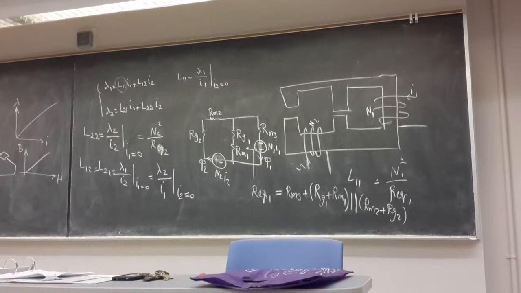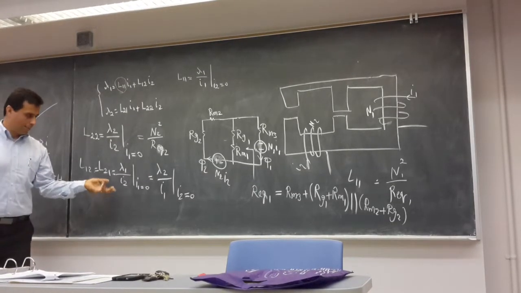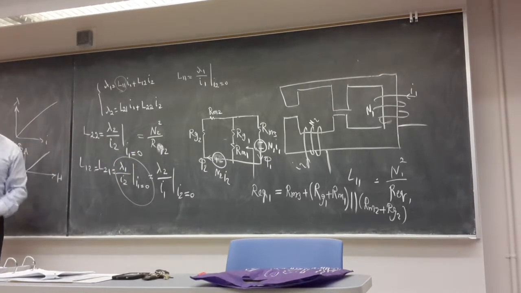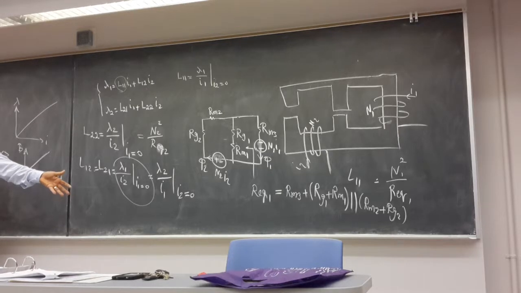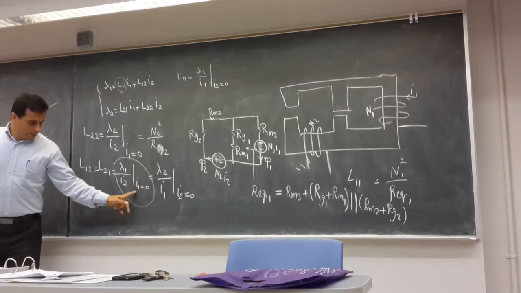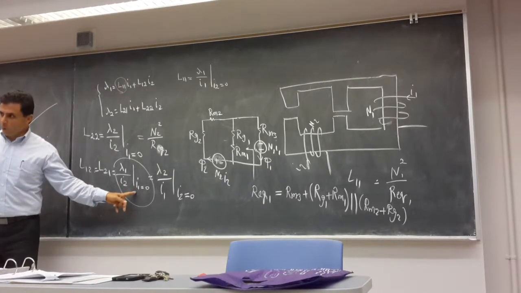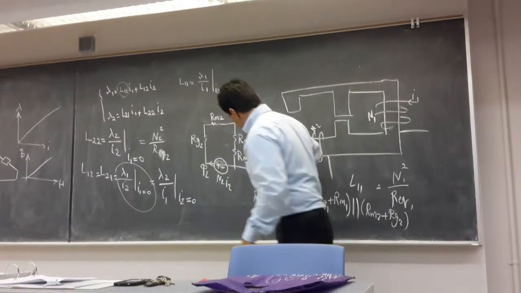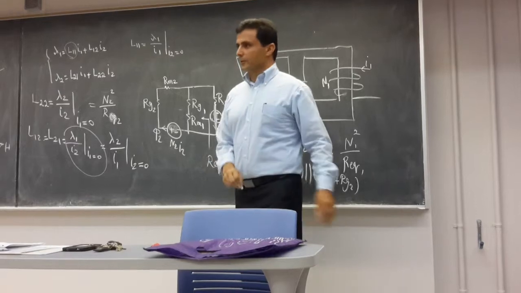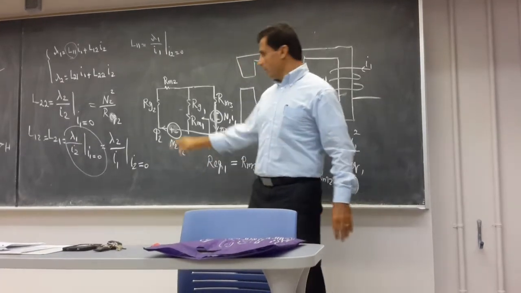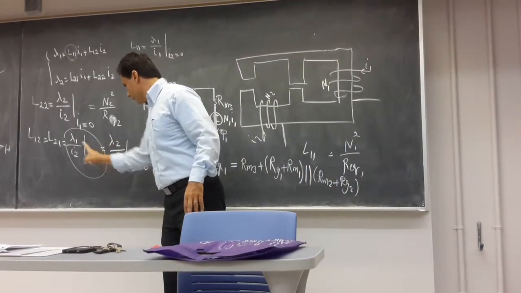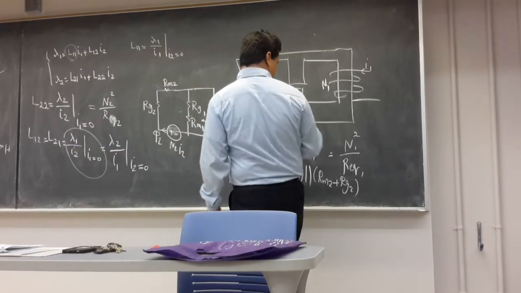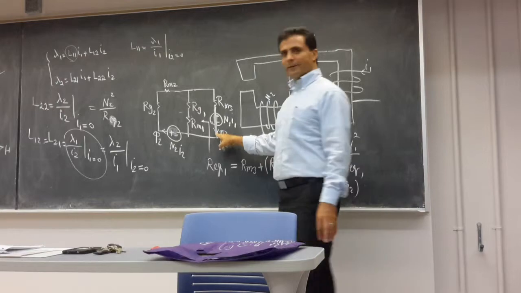Now, let's think about this a little bit. I'm going to go with this equation, for example. So what should I do here? I want 0, so I'm going to short here. I need to calculate the lambda 1. If I want to calculate lambda 1, I need to calculate phi 1.